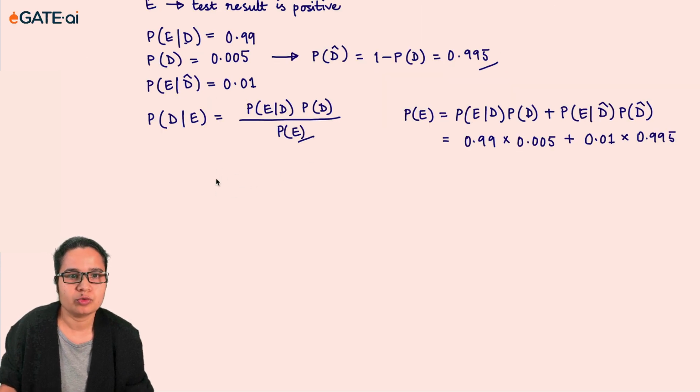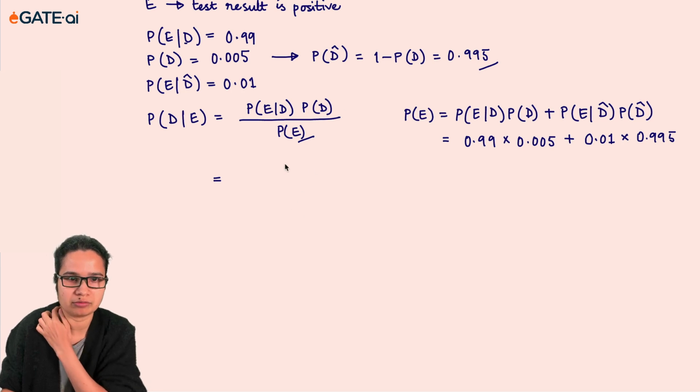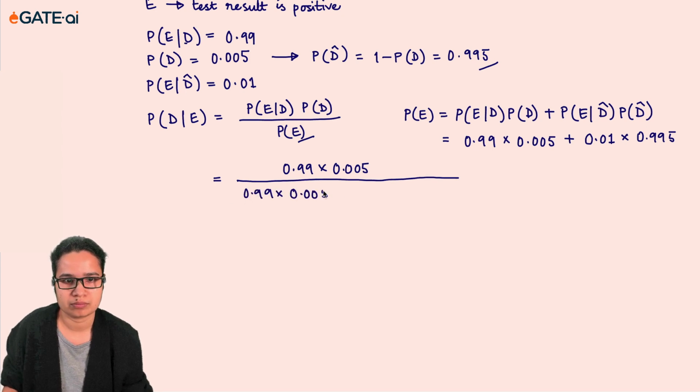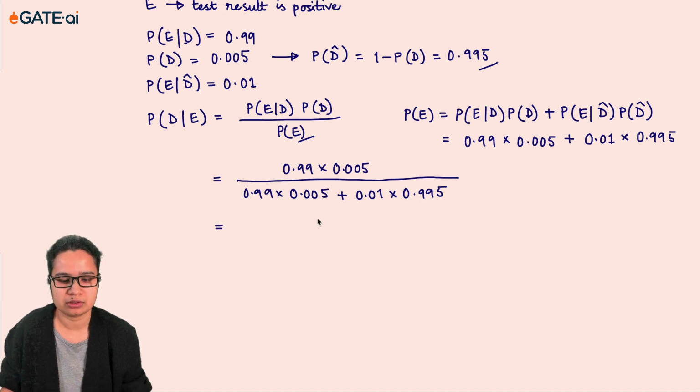Okay, now putting all these values in here, we get this probability of E given D multiplied by P of D, we already have that as well, so we have that, and then we also know P of E now.